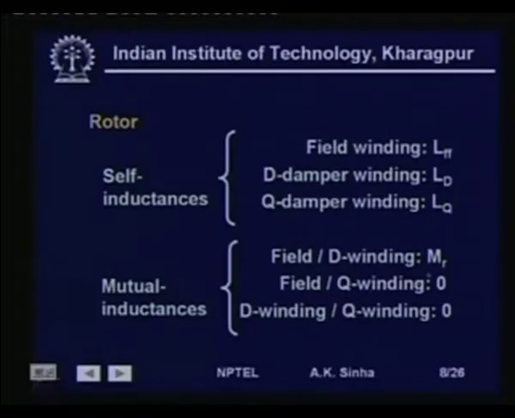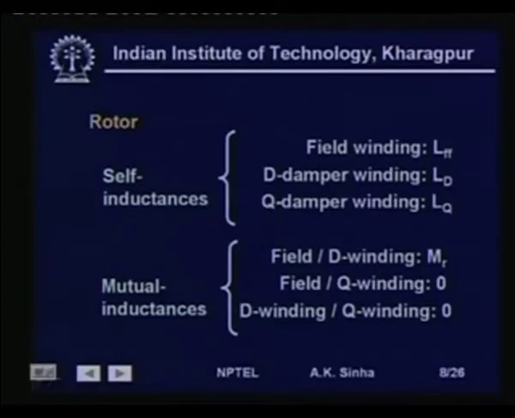So, we have a d axis damper winding for which we have an inductance L d, since the flux from the rotor is always having the same magnetic circuit. So, L d and L q will also be constant.